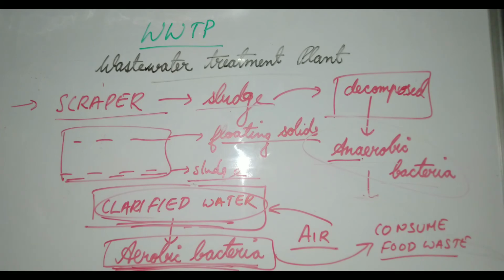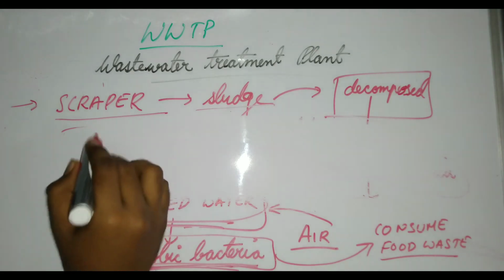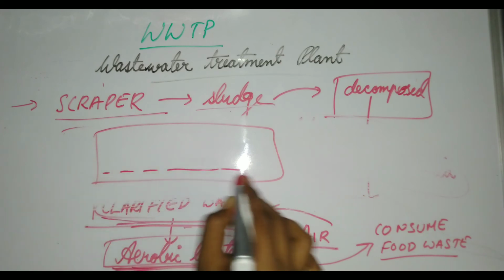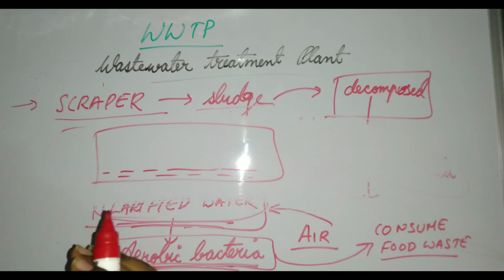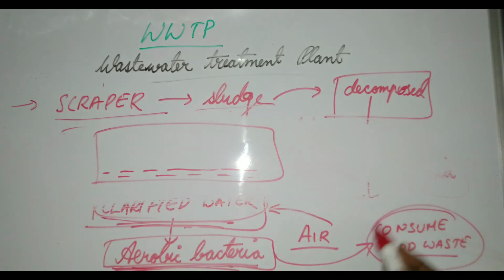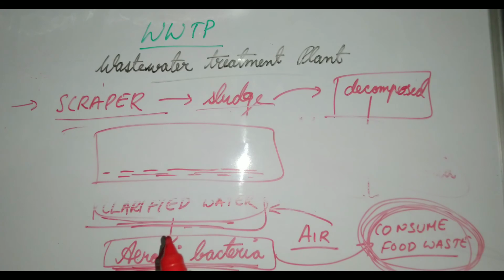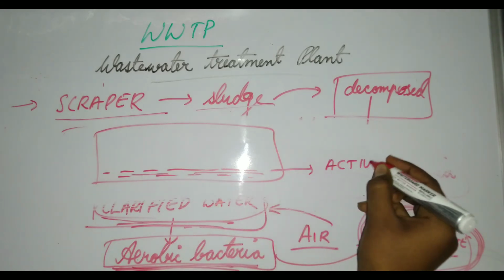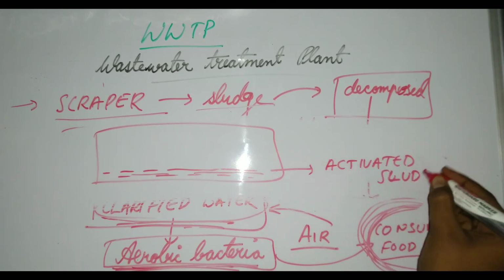Now this clarified water, all this bacteria will settle down, all the bacteria which has consumed food waste and all sort of unwanted material will settle down after several hours. Then this is nothing but what? Activated sludge.